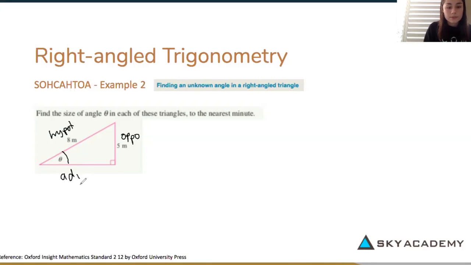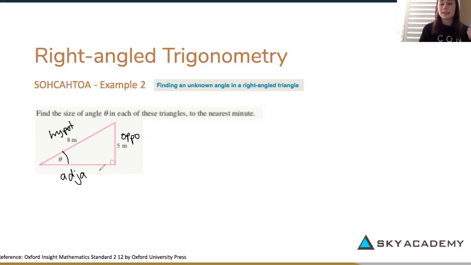Now I've got my 3 labeled sides, I need to figure out what 2 I'm going to use. And because we're trying to find an angle this time, I have to use 2 sides with values on them. I'm not going to use a side I'm trying to find, because I'm not trying to find a side, I'm trying to find an angle.